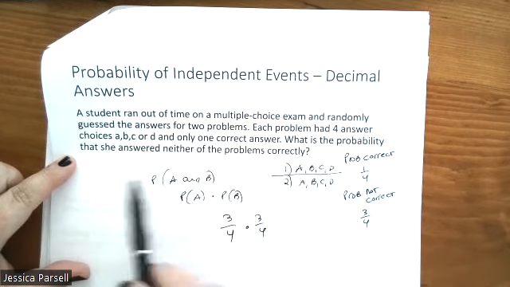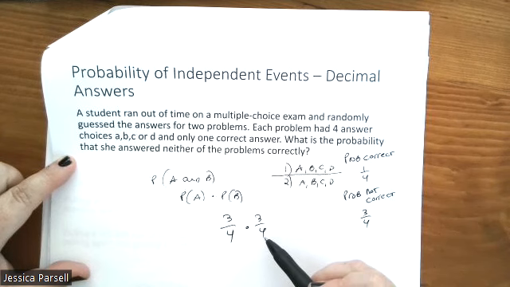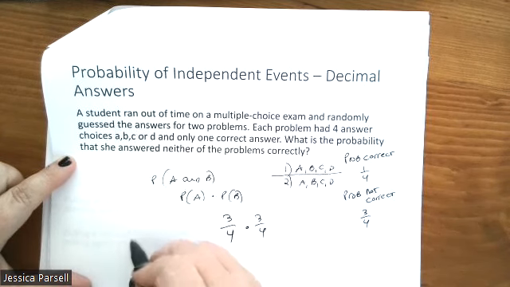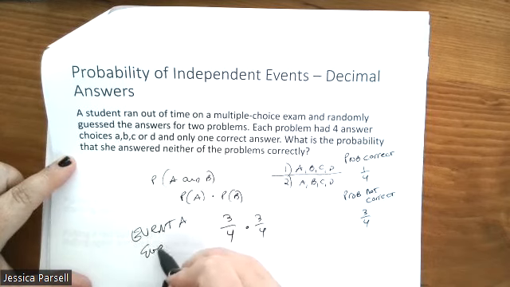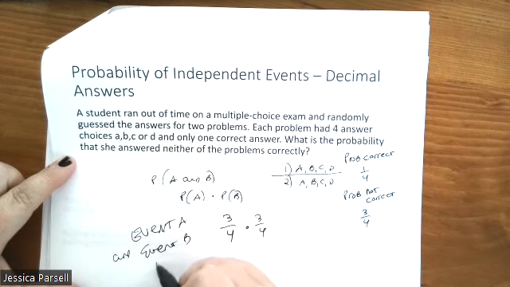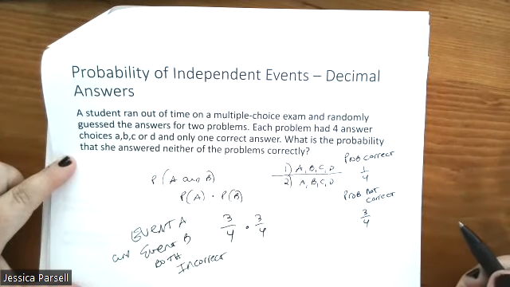Okay, so what is the probability that she answered neither of the problems correctly? So this one and that one are incorrect. So event A and event B are both incorrect. I mean, that would not be good for the student, but it happens.